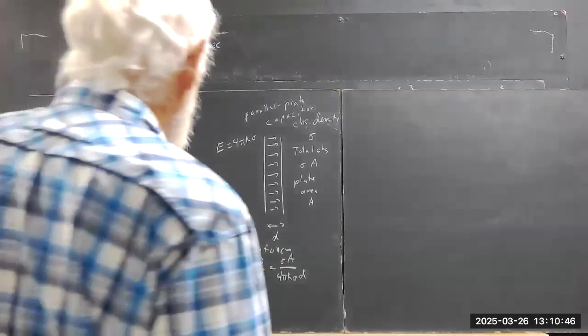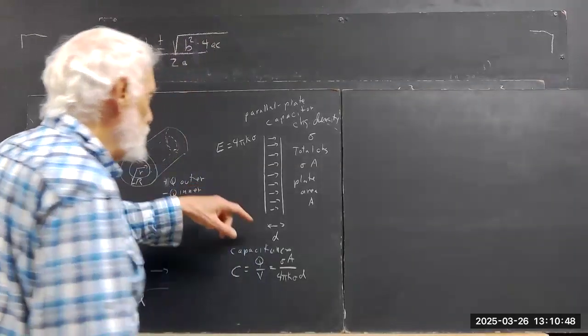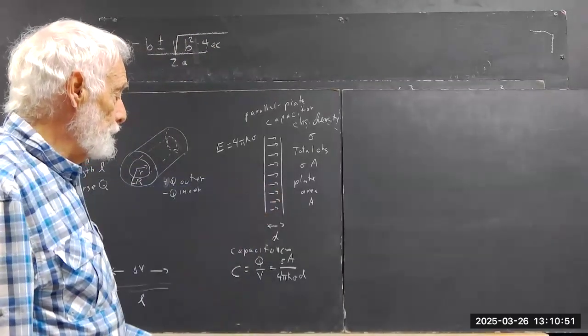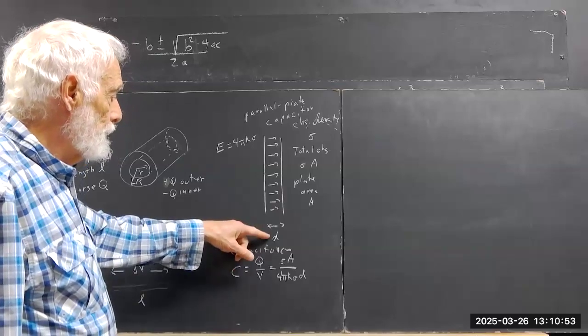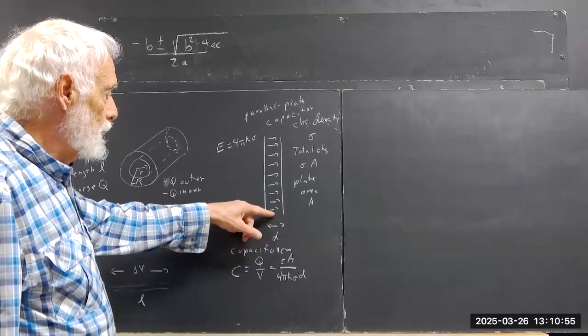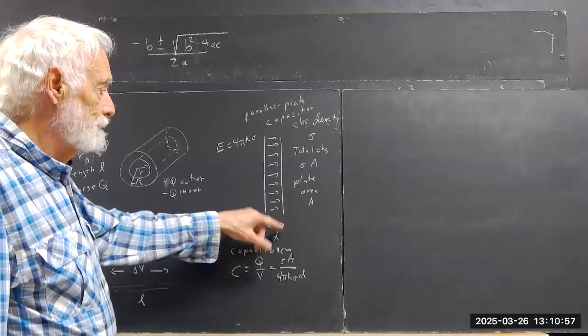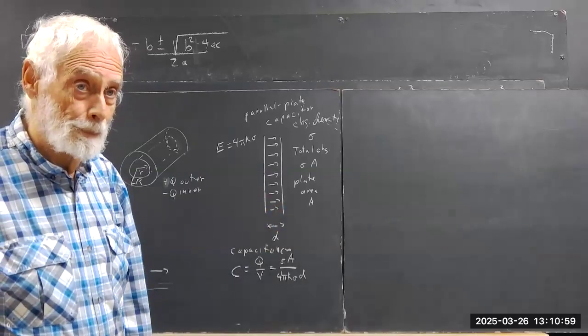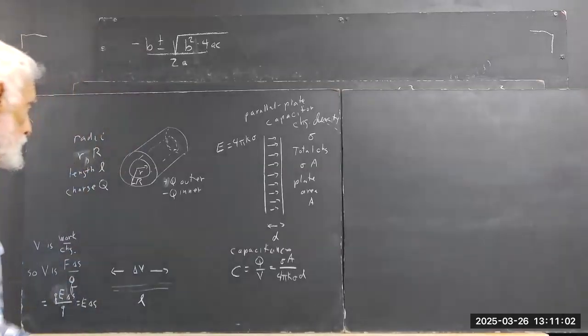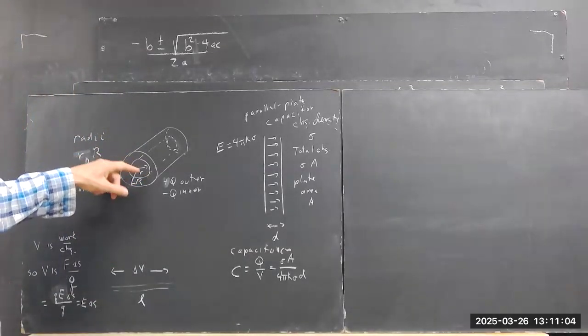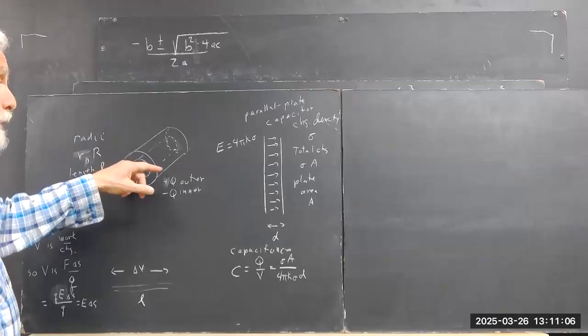By analogy, what you needed to know to find the potential difference here was the electric field and then the separation, right? So can you tell me what the electric field is between these two?